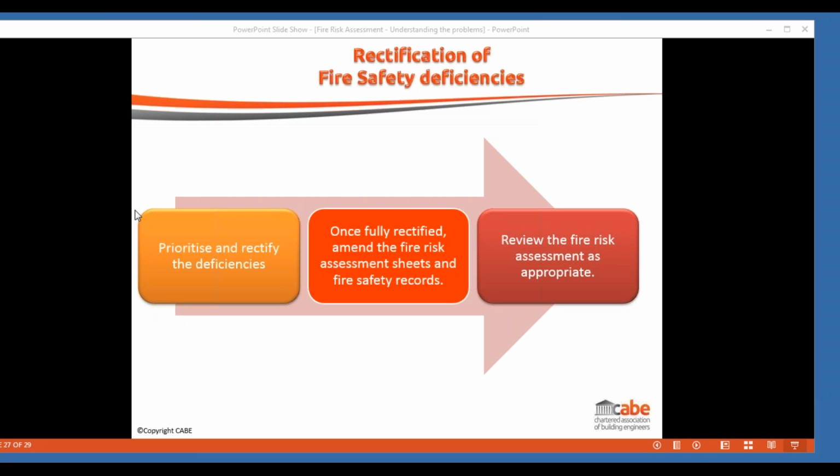And as you've suggested in the question, something like detectors, which perhaps will make people aware of a fire more quickly and get them moving more quickly, or fire suppression, which will reduce the initial development of the fire, may be something that you can use to compensate for that potential delay or that potential additional time. But you have to make the judgment call very much based upon what you're presented with, and it could well be that a management procedure or something else could also help to assist in some of these issues.